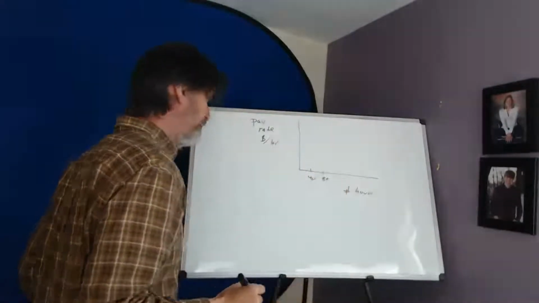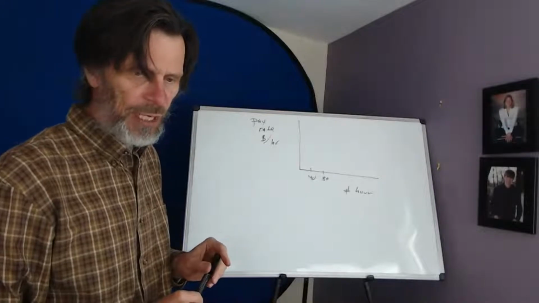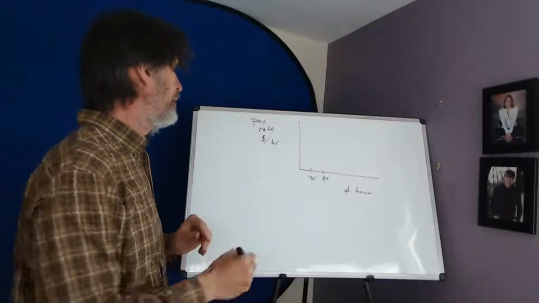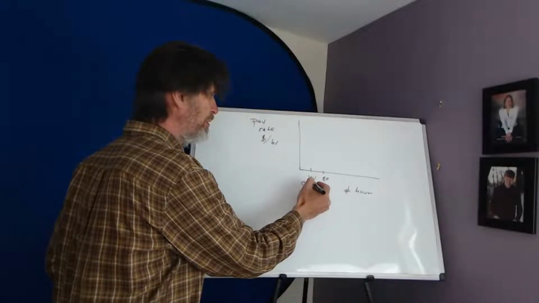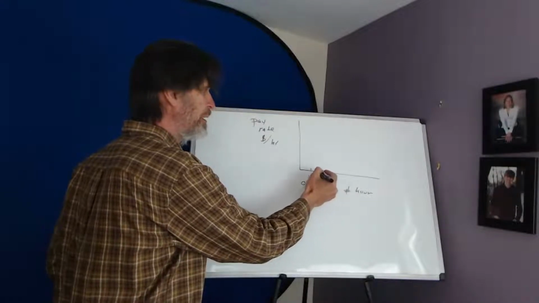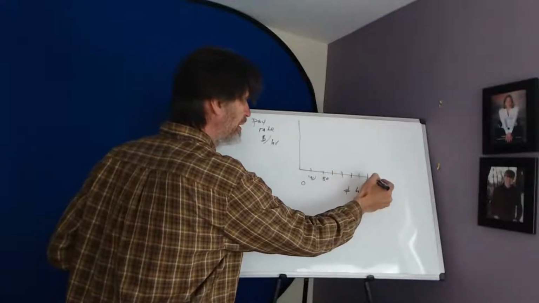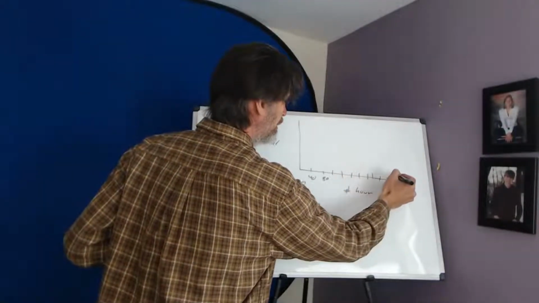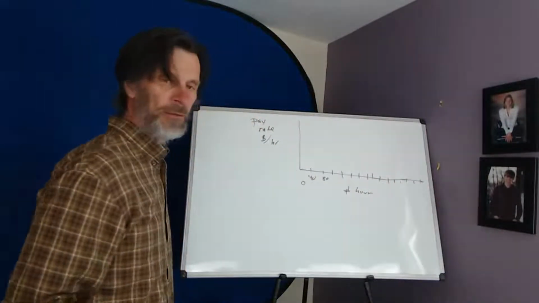I'm assuming each work week is 40 hours. So the first week goes from 0 up to 40. There's week 1, week 2, week 3, and so on up to 15. I think it was a 15-week thing.